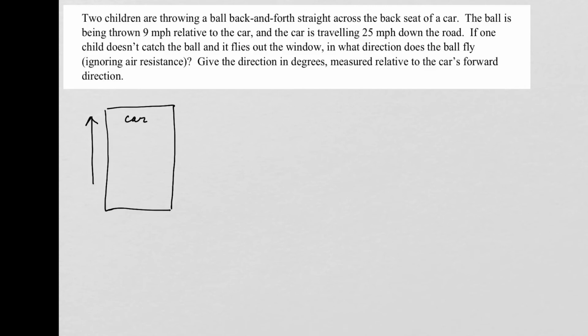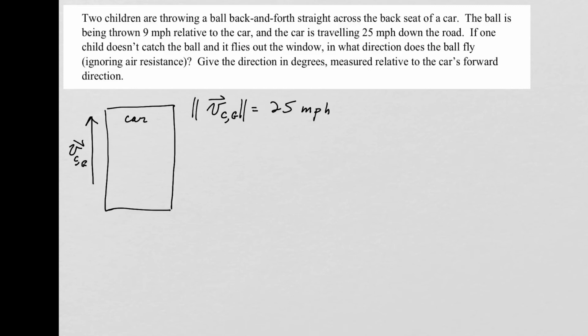So I'm going to say the velocity of the car relative to the ground, I'll use G for ground, actually the magnitude of that will be 25 miles per hour. And this is the actual vector. So this is V of the car relative to the ground.